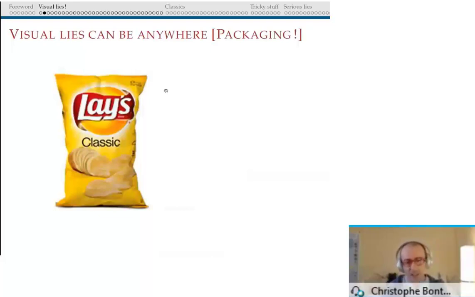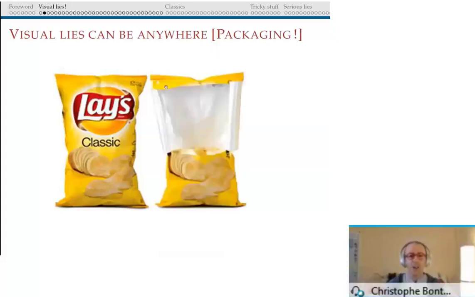It's half empty. And in fact, there is even a website where you compare the content to the packaging. You know that what you see is not what is real. You know it's a sort of lie. And you also know maybe why: it's to preserve the shape of the potato chips with this air inside.